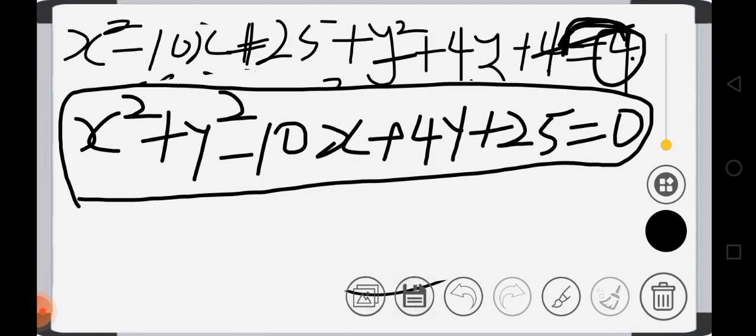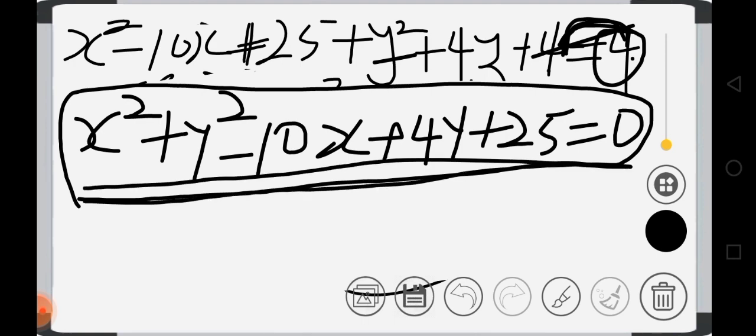How can we get the radius and the center of this particular circle? What you do is compare the equation of the circle to a general form of this.